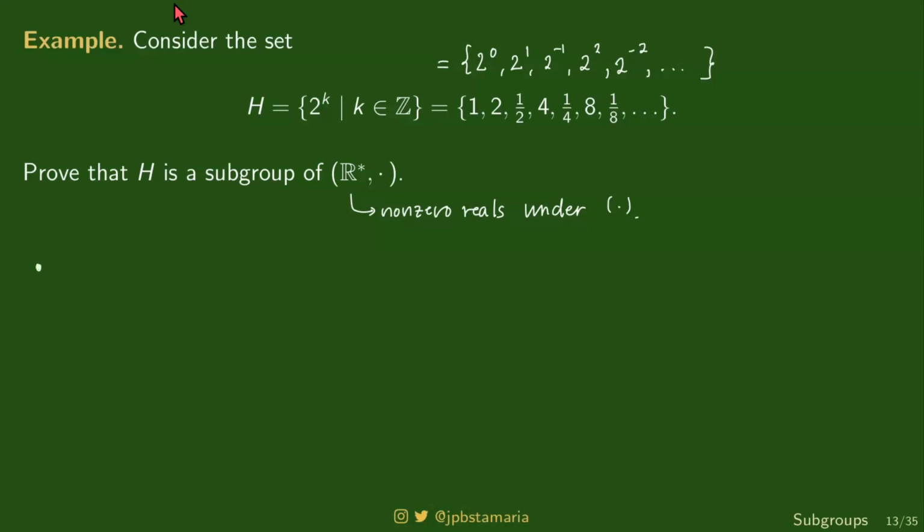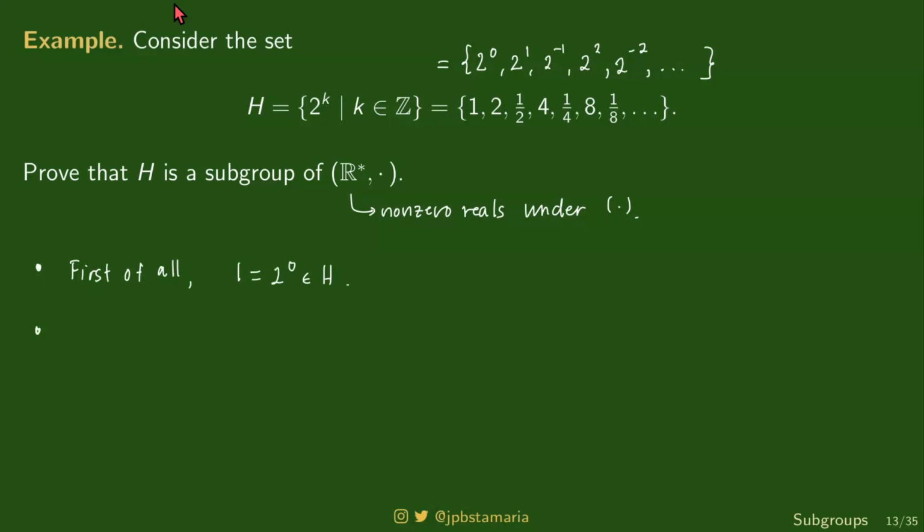The identity element of R star under multiplication is 1. First of all, sulat nyo, 1 is 2 to the power of 0, therefore an element of H. Okay, yun yung una.